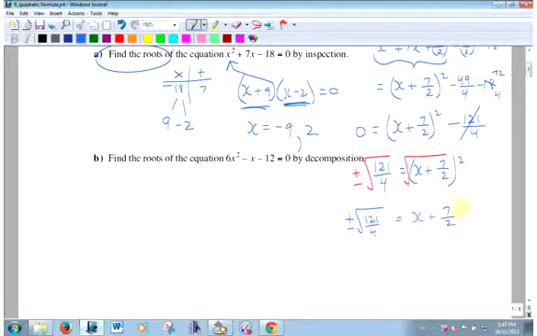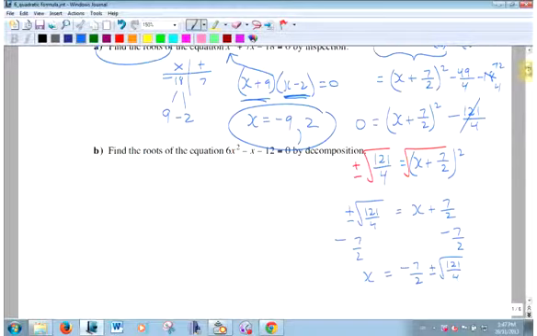So x, my roots are, let's subtract that from both sides. x is minus 7 over 2 plus or minus 121 fourths. Does that look anything like these? This is actually some good review.